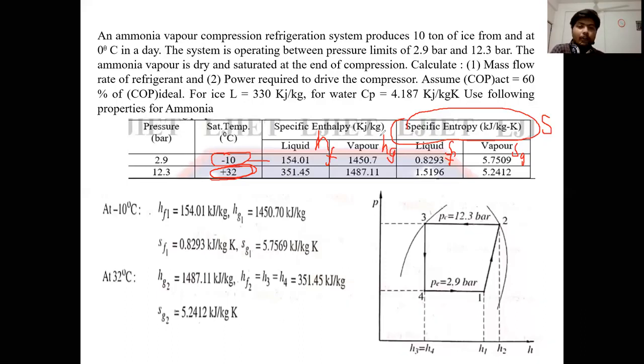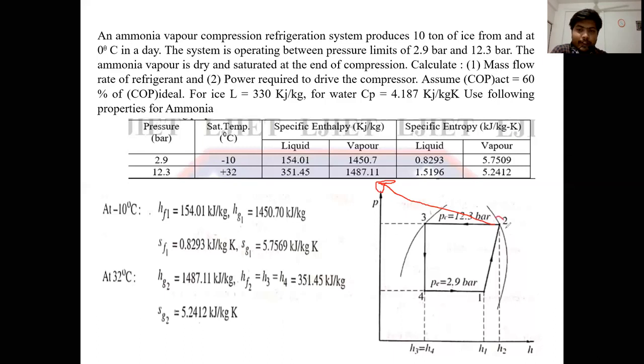Now draw first of all a p-h diagram or T-s diagram for the calculation. We draw a p-h diagram. There is a low pressure side and there is a high pressure side. Two pressure lines, P, 12.3 bar and 2.9 bar. Okay, so corresponding to the table, we write the data. If a point lies on the saturated liquid or saturated vapor line, we automatically get the data from the table.